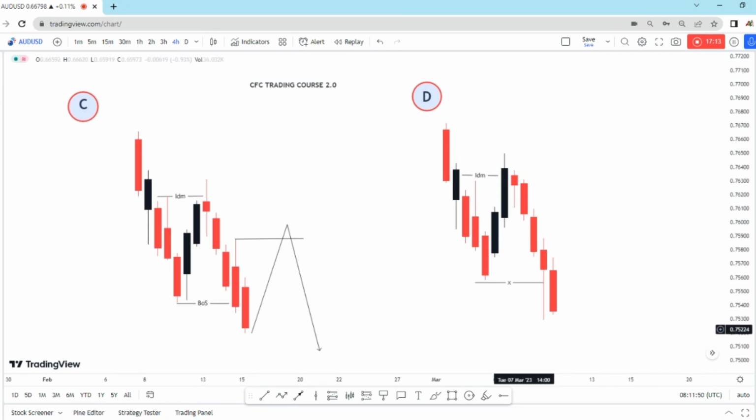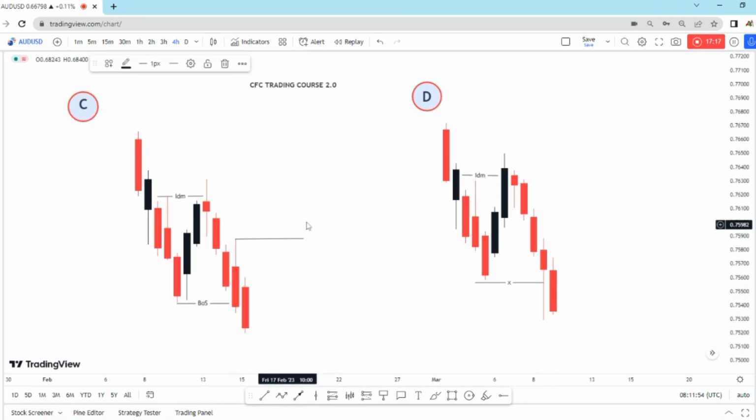Let's use this downtrend movement to identify it if price didn't touch a supply or a demand level. Price needs to take the previous candle high or low. So in a downtrend, price needs to take the structure high to confirm a break of structure. This particular high here is our current structure high, so price needs to take it to be a change of character.